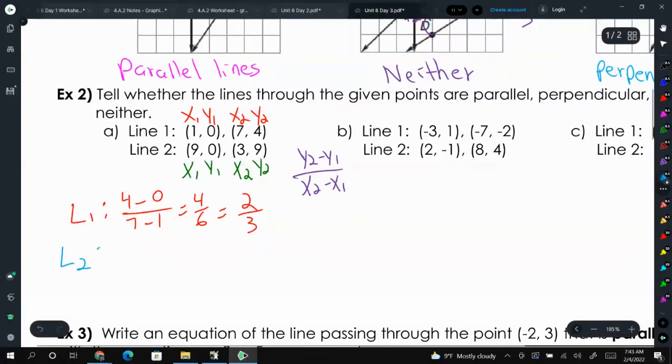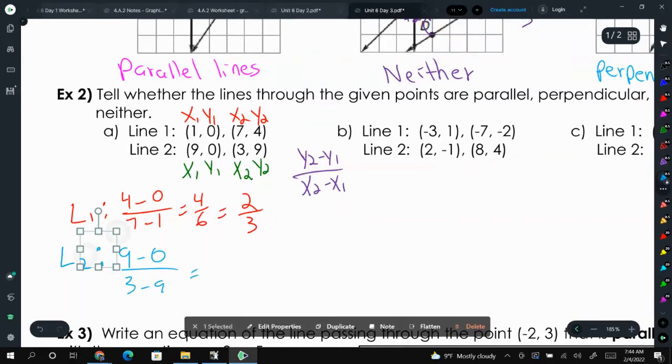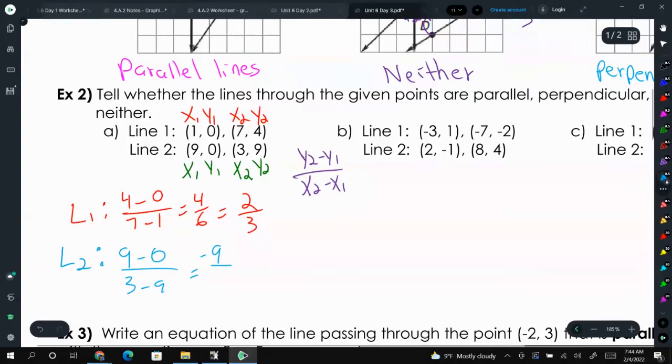So then line 2, y2 is 9 minus y1 is 0 over 3 minus 9. That is 9 over negative 6, which will simplify to 3 over negative 2.